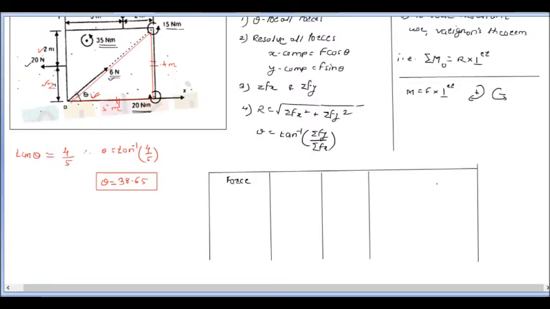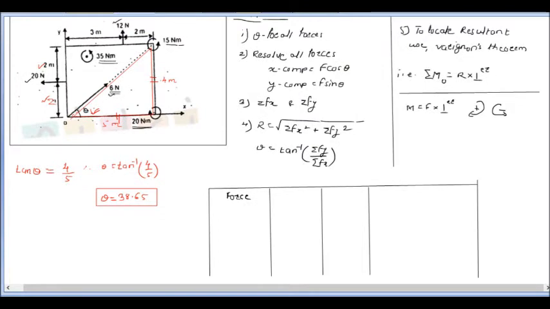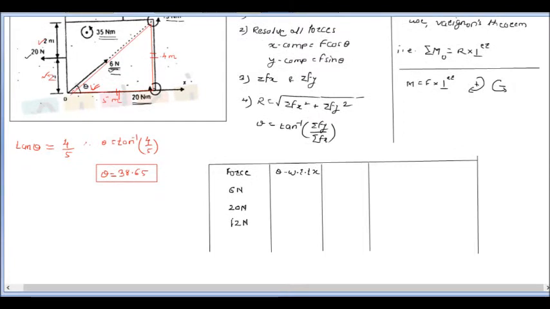First force, you can take the 6 Newton force, and here theta with respect to the x axis. Then we can take this 20 Newton force. Then we can take this 12 Newton force. Only 3 forces are there, and later on we will consider the moment. So the 6 Newton force is making an angle of 38.65.